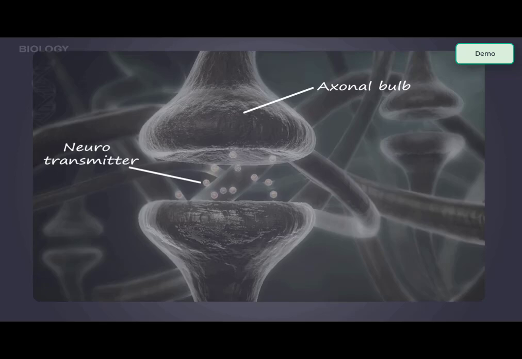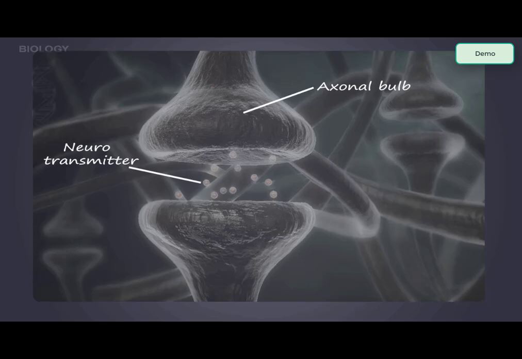Now, we had seen that in the sympathetic nervous system, there was noradrenaline, adrenaline, and in parasympathetic, it was acetylcholine. So, these are the different types of neurotransmitters. In fact, there are many others, but these are the main ones that we usually come across. So, these are the neurotransmitters that are there inside these vesicles, which are called the synaptic vesicles. And they are the ones which are going to actually carry the impulse further to the next adjacent neuron.